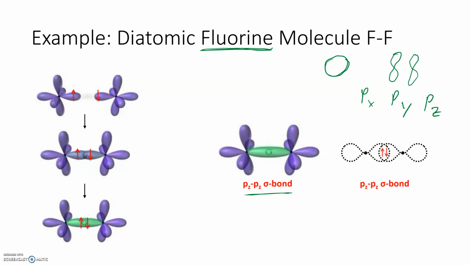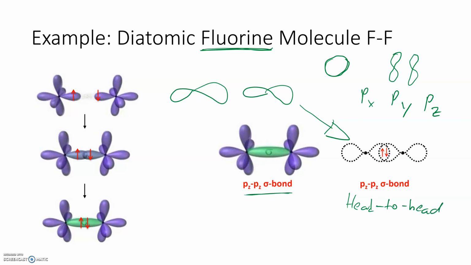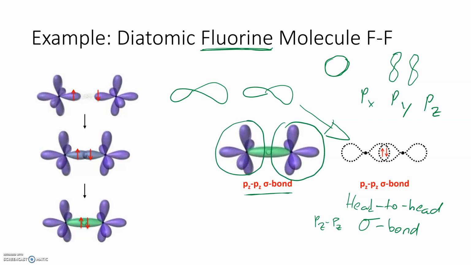Specifically, when the pz orbitals overlap with each other in this way, then we get another head-to-head overlap, which means that this is again a sigma bond, and specifically a pz sigma bond, because the pz from the first fluorine molecule is bonding with the pz from the second fluorine molecule. And again, this has all the characteristics of a sigma bond.